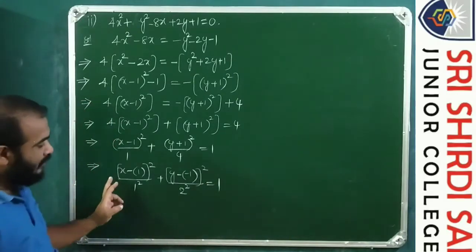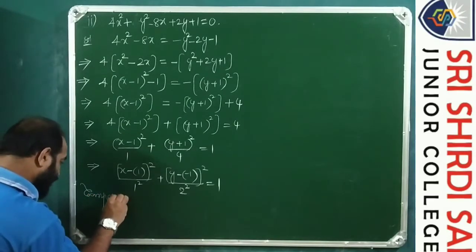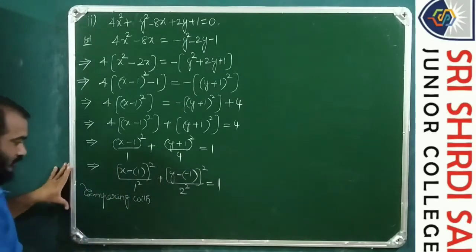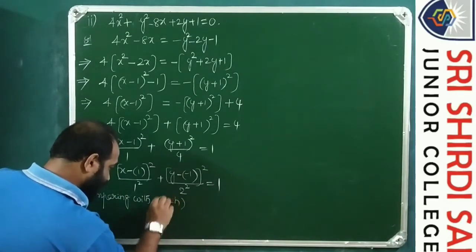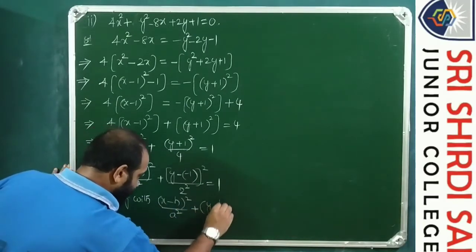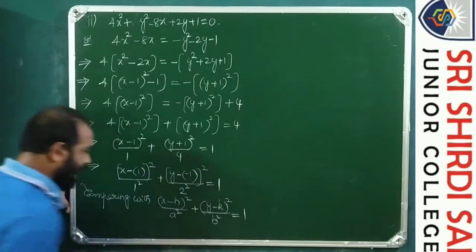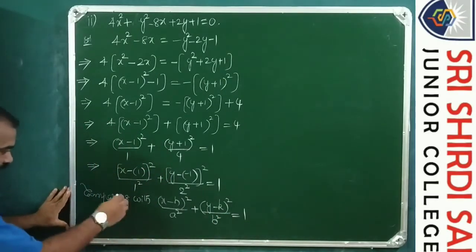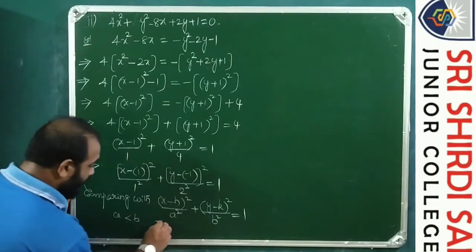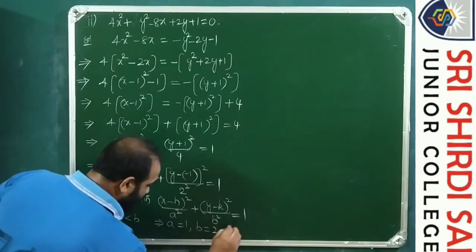So this can be compared with (x minus h) whole square by a square plus (y minus k) whole square by b square equals to 1, where a is less than b. A is equals to 1 and b is equals to 2.